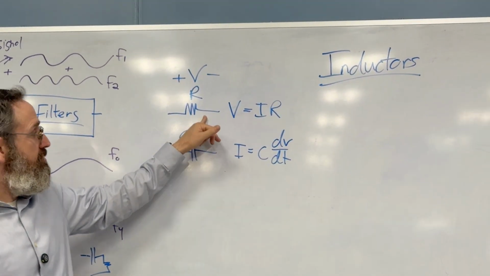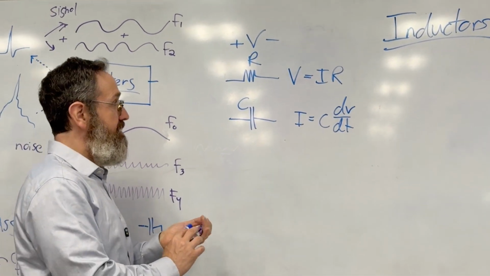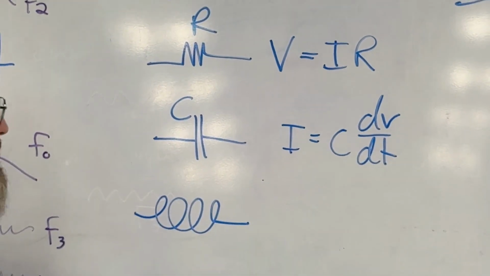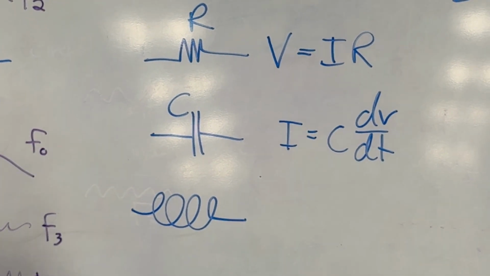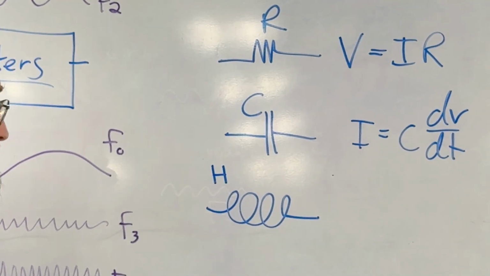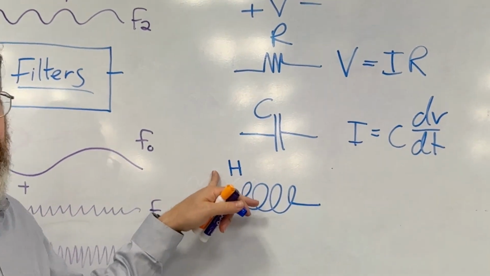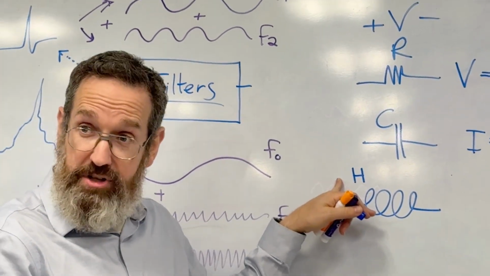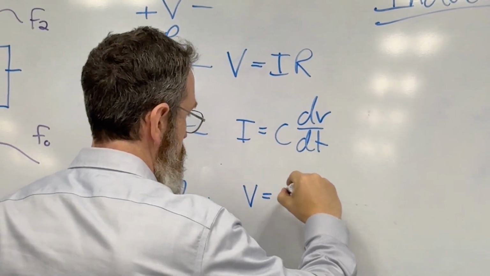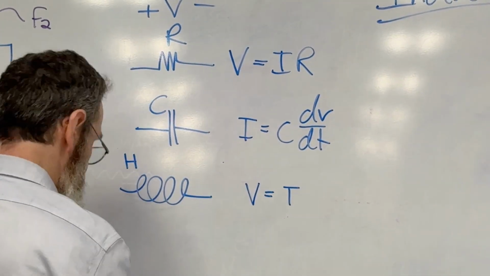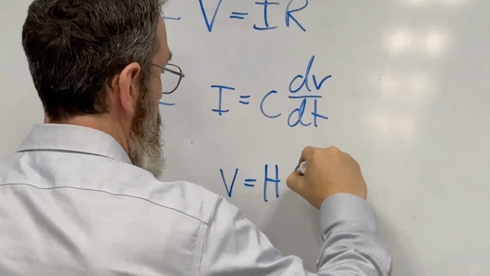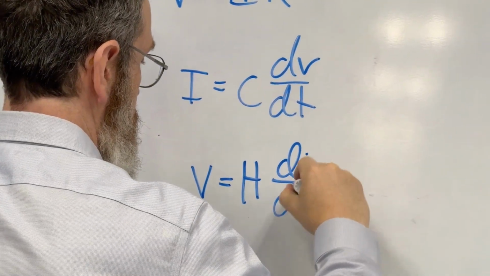Okay, resistors, capacitors, and then one more called the inductors. Okay, and inductors have, just like you have a resistance and capacitors have an amount indicated by henries, and they have an equation which is V is equal to L di/dt.